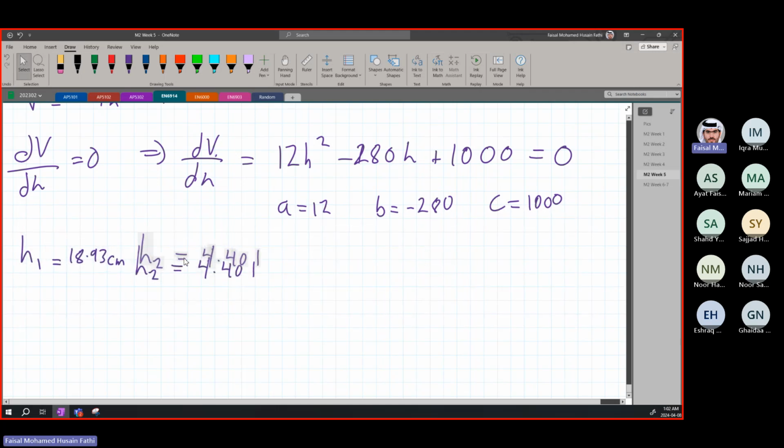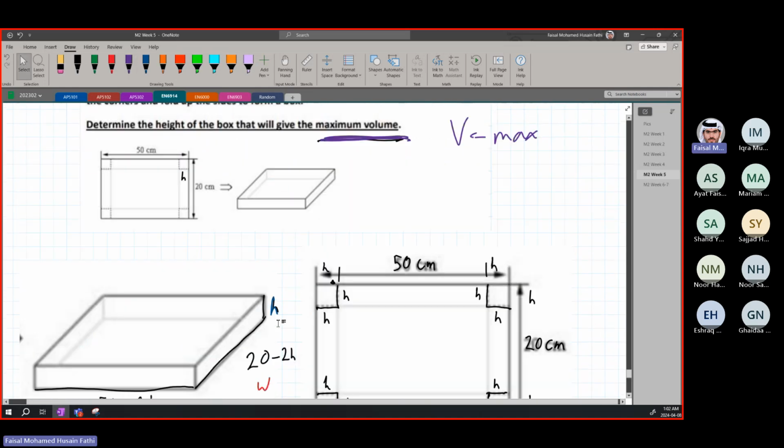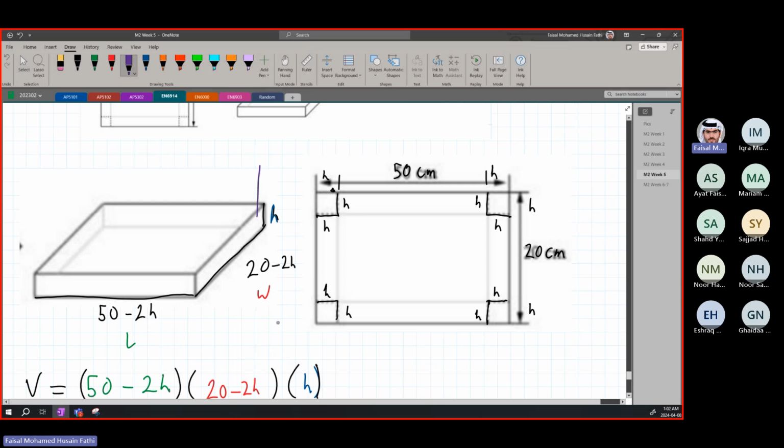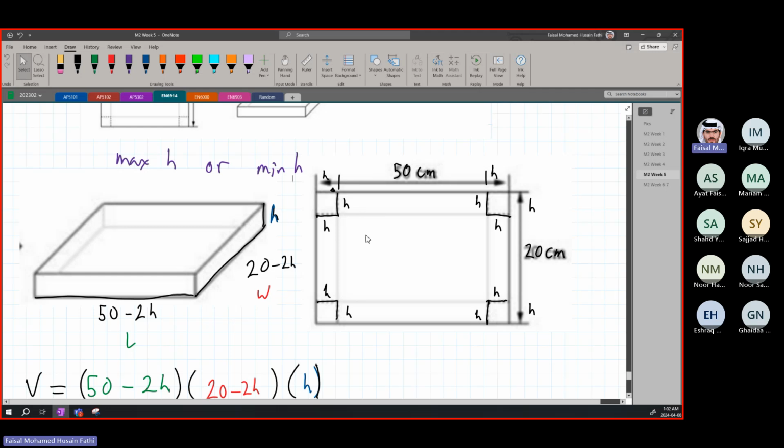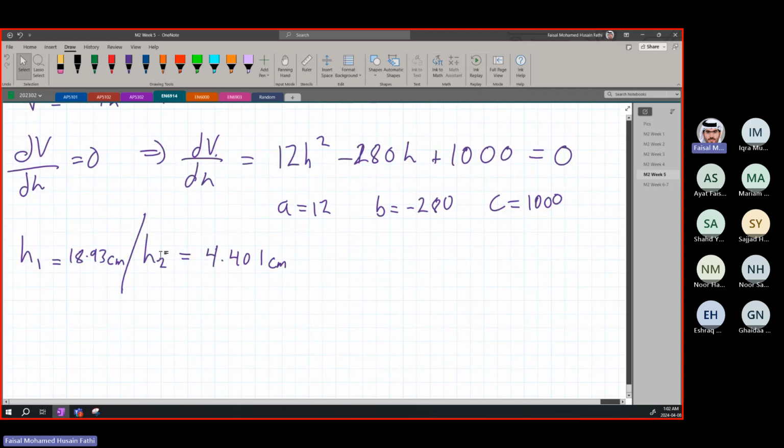Now, can someone tell me why we got two different values? I want to see so we can finish. This is the last question and I'm going to end the session here. Why do we have two different values for H? They are both positive, so they are both acceptable values. Because we can either find the maximum height or the minimum height, depending. So here we get both: the minimum, which is H2, the smaller number, and the maximum is the highest one.